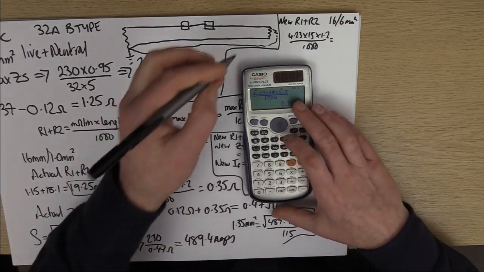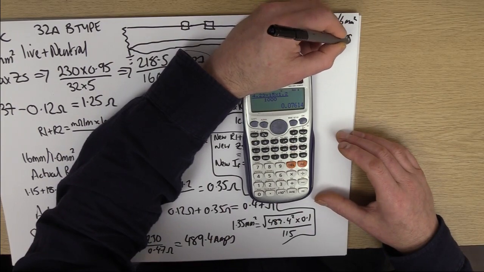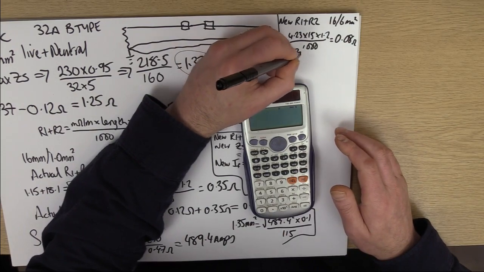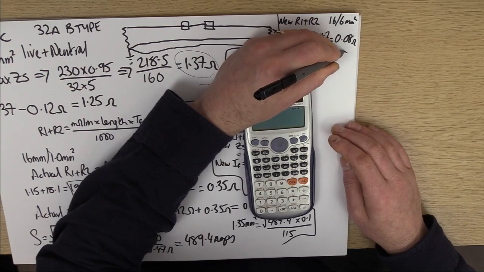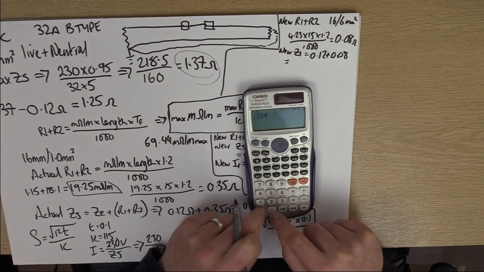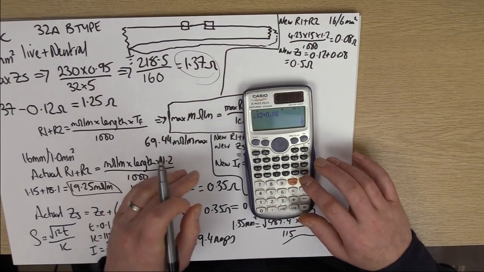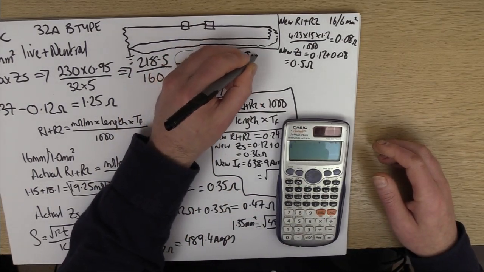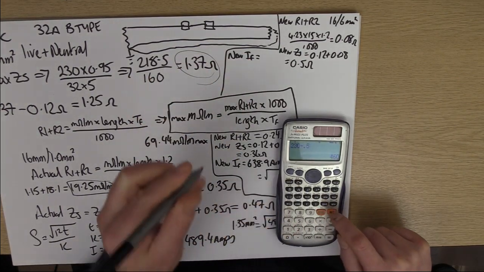So our new R1 R2 then, very low, 0.08 ohms, which means our new ZS will be 0.12 plus 0.08, a half, which means a new fault current will be 230 divided by a half.